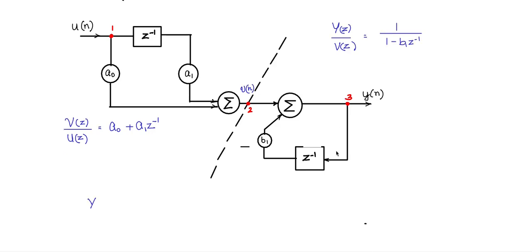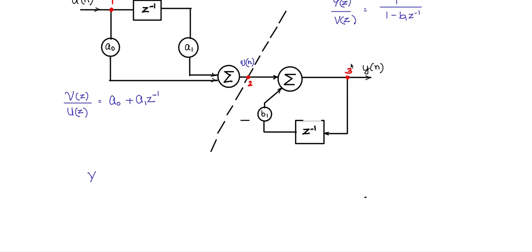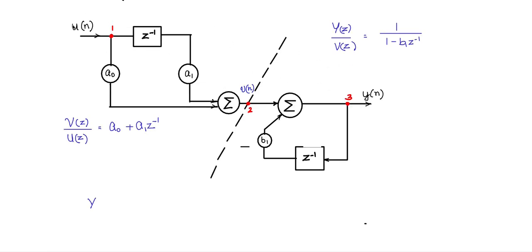So now the entire transfer function is Yz by Uz. Which can be written as Vz by Uz, the feed forward part, into Yz by Vz, which is the feedback part.